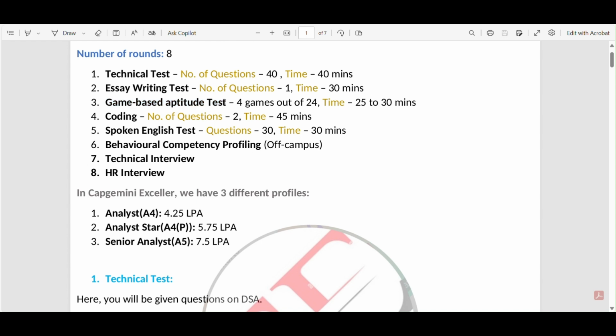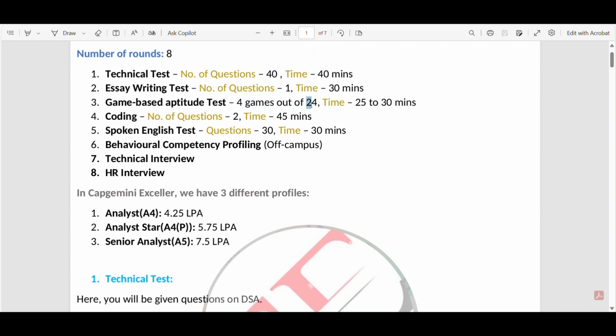Okay, and when you qualify in that round too, then the third round is game based aptitude test. That means playing games. You might be surprised, you'll be having games like Sudoku, right? Not the perfect Sudoku. In Capgemini you'll be having separate games, and I'll be explaining that when we get there.